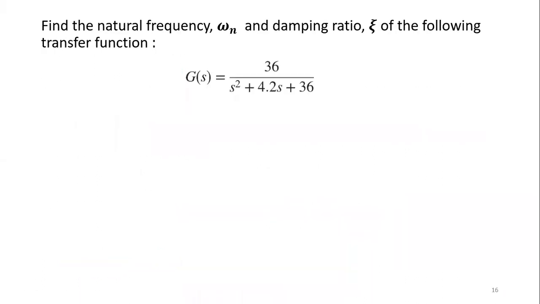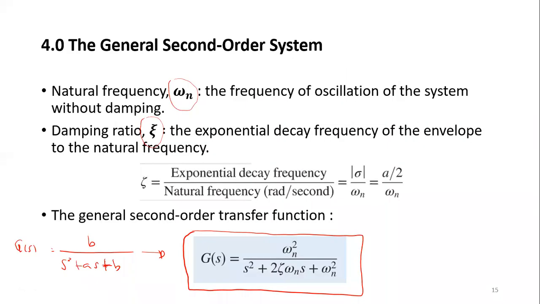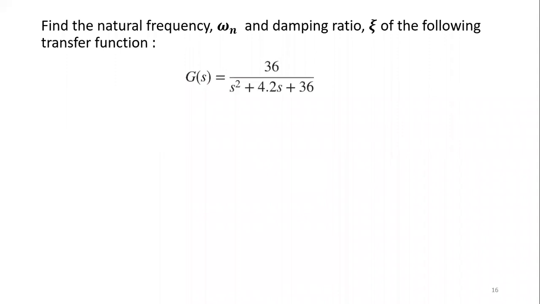Okay. So let's go to some exercise. Find the natural frequency and the damping ratio of the following transfer function. So again, we look at here. You know that this is a second order system, because this one is s to the power of 2.